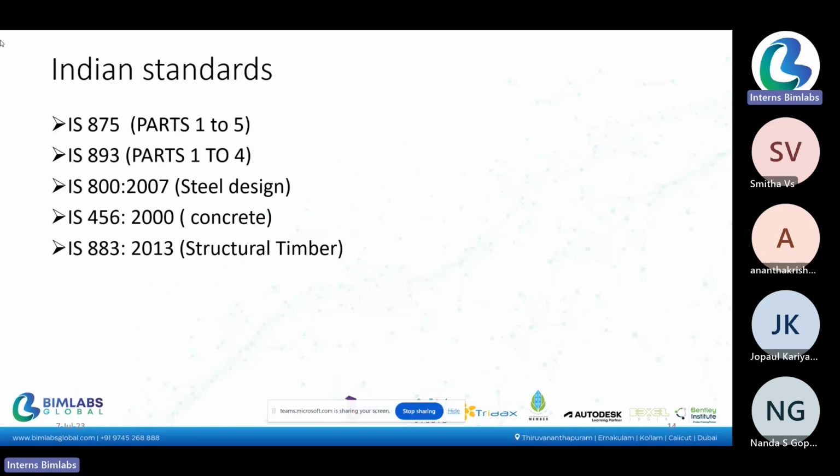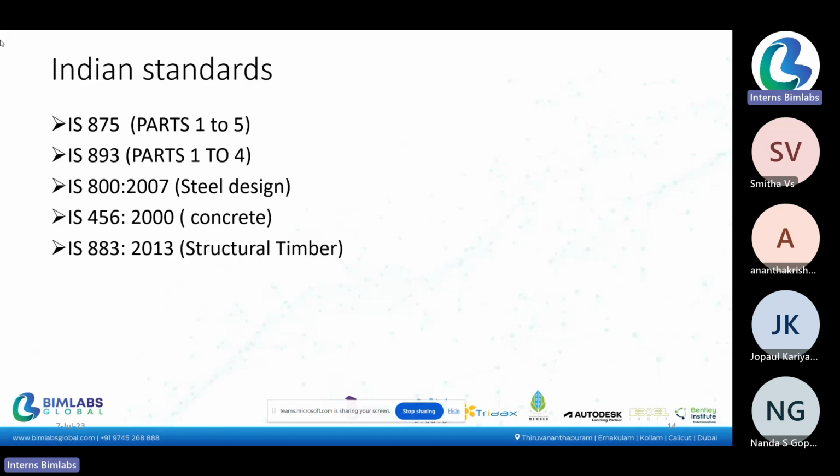IS 875 Part 1 to Part 5 covers live load, dead load, wind load, snow load, and the load combinations. IS 1893 is related to seismic, IS 800:2007 is for steel design, IS 456:2000 is for concrete design, and IS 883:2013 is for timber design.